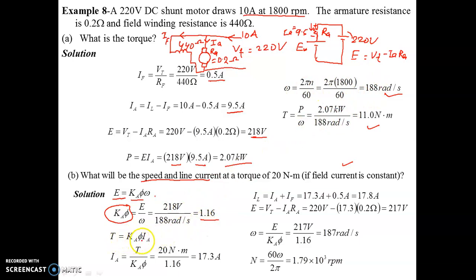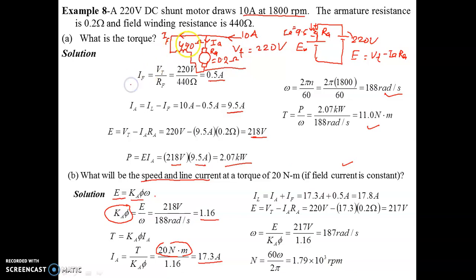Now torque is K into phi into Ia. So armature current Ia, from here we can find T by K phi, and torque is given in this question, 20 Newton meter divided by this. So armature current will be 17.3 ampere.